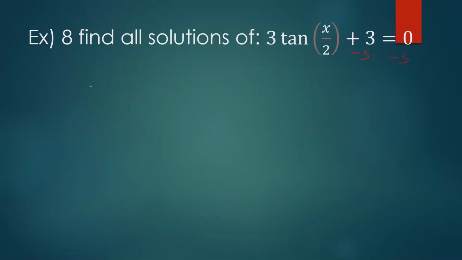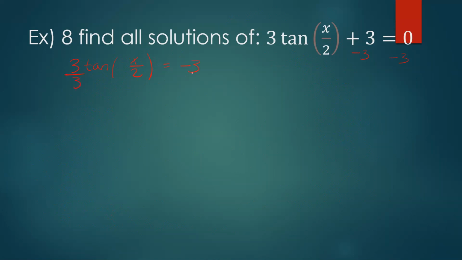So this cancels, so you're left with 3 tan of x over 2 equals negative 3, because we subtracted 3 from both sides.